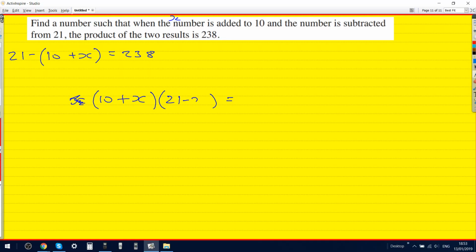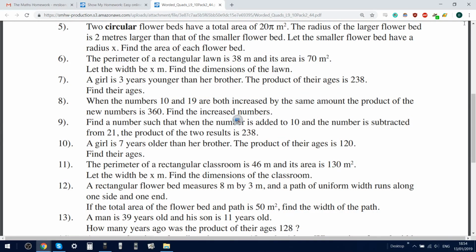And it says the product of those two is 238, so equals 238. That's the one you solve. Is that one okay? Should be, yeah. So question 10.